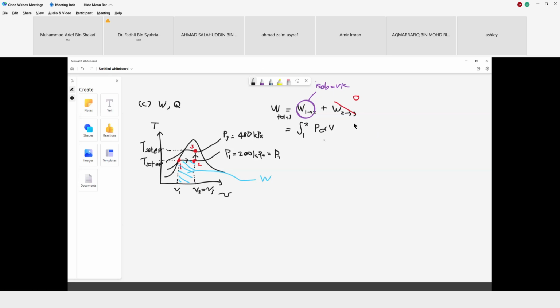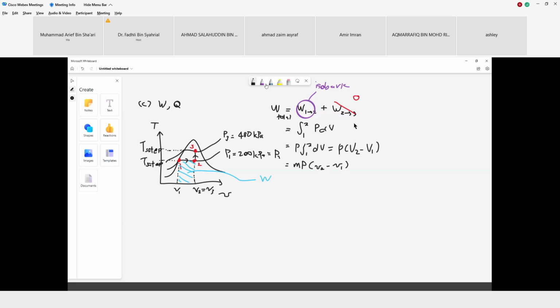So P is constant, 1 to 2. So pressure times V2 minus V1, as m times pressure times specific volume 2 minus specific volume 1.